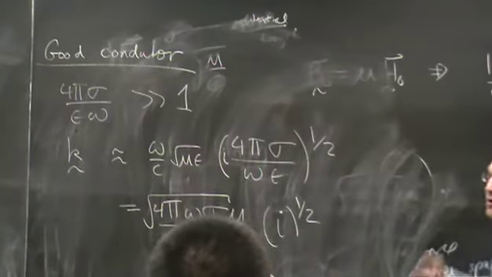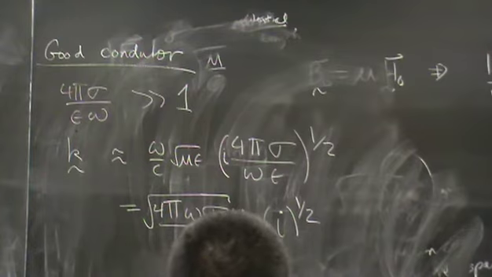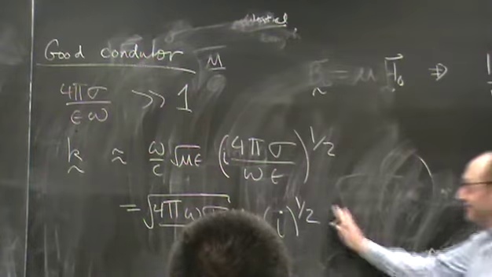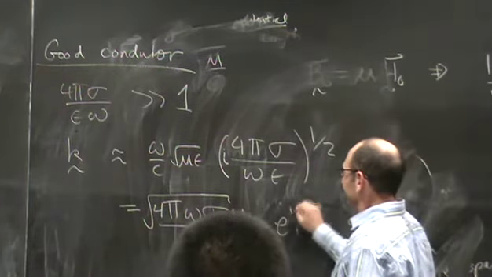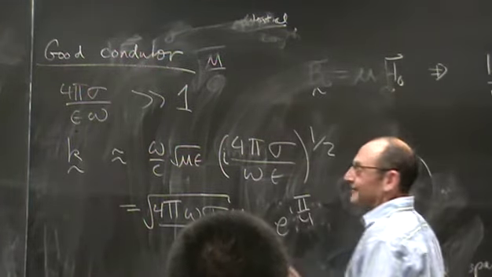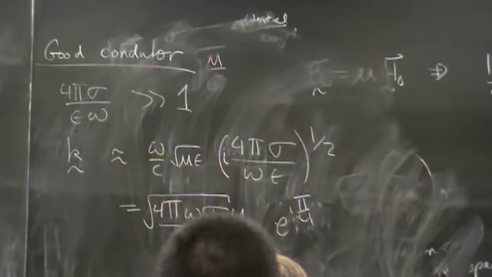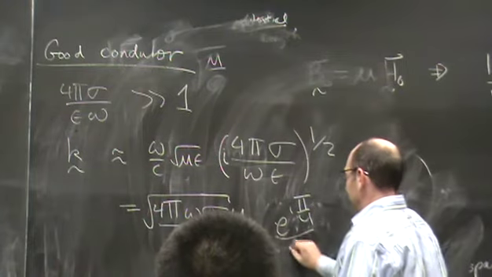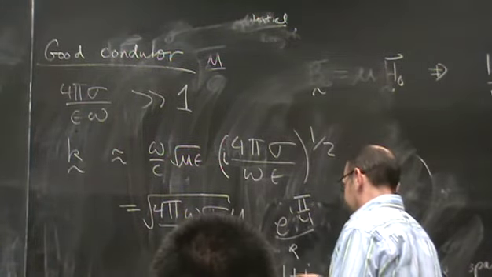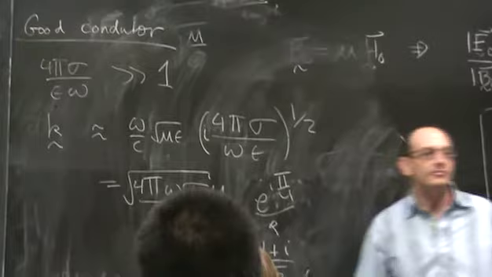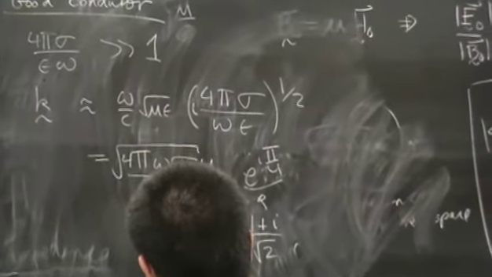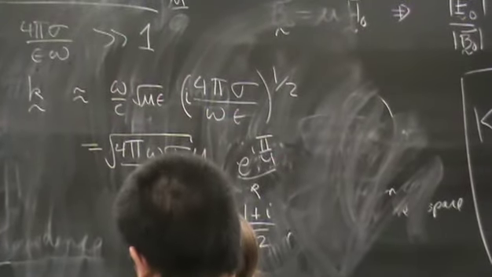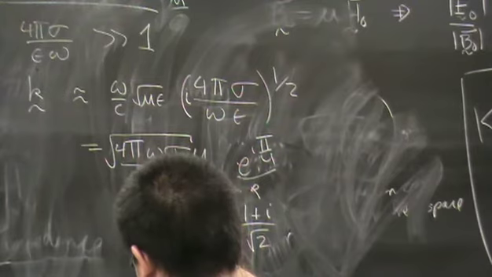What is i to the power 1/2? Thank you. Which is 1 over square root of 2 plus i times 1 over square root of 2. Okay? So the real and imaginary parts are equal in this case.